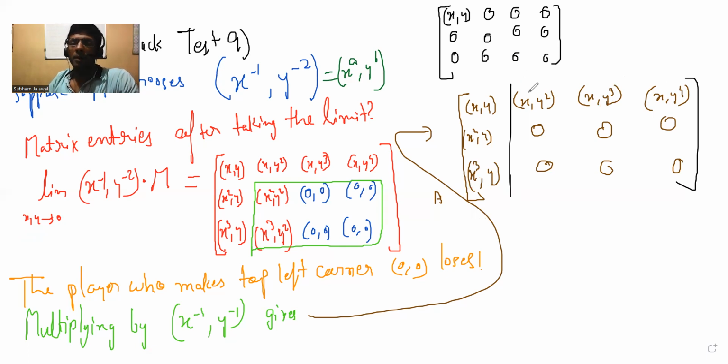B can also make all three zero. It's in the rules. So he will pick this entry and try to make this zero, and so what should that be? That should be 1 comma y to the power minus 1.